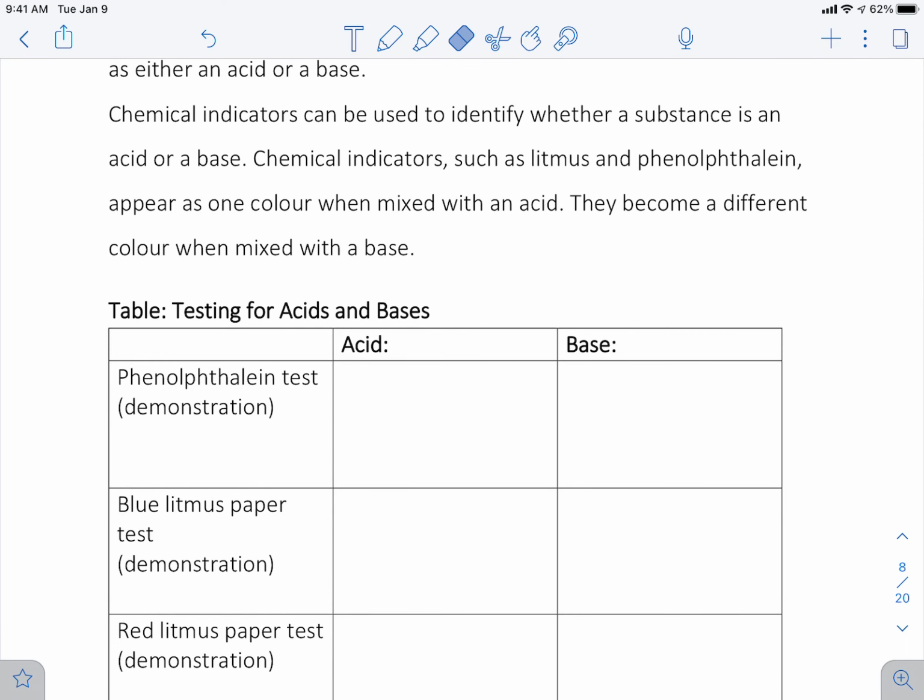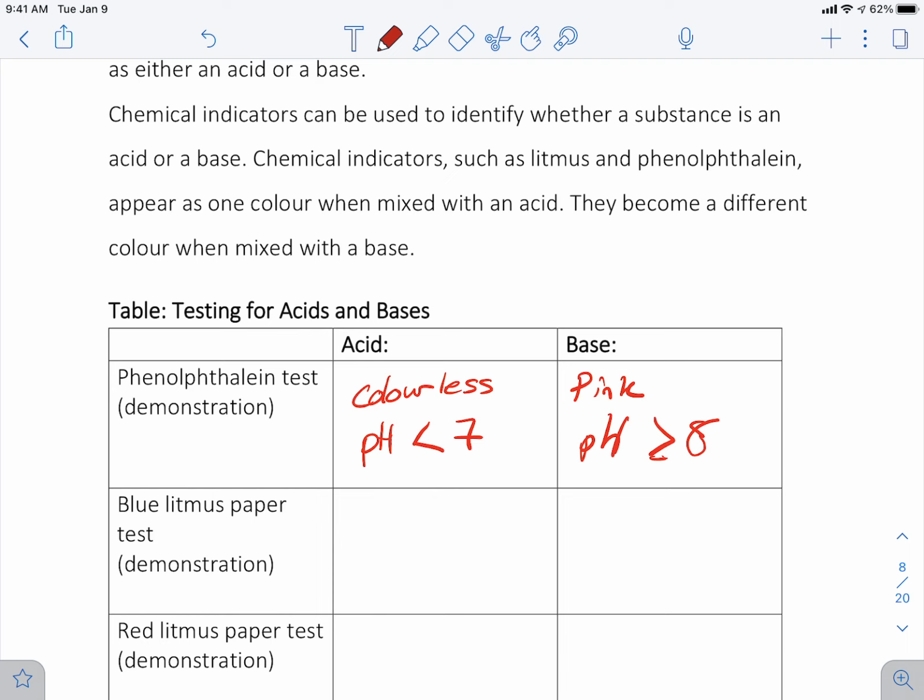For example, phenolphthalein is colorless in an acid, when the pH is less than 7, and it becomes pink when the pH is higher than about 8. So in that way, you can test for a basic sample by dropping a drop of phenolphthalein in, and if it turns pink, you know that it's basic.